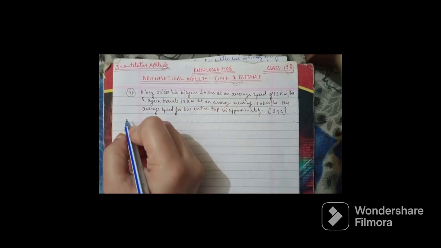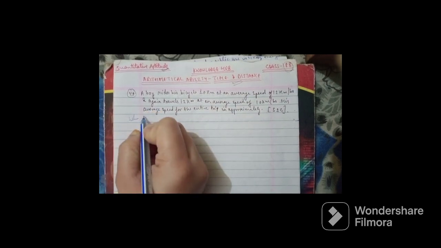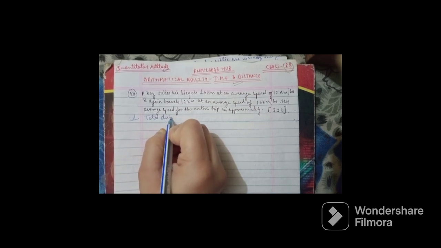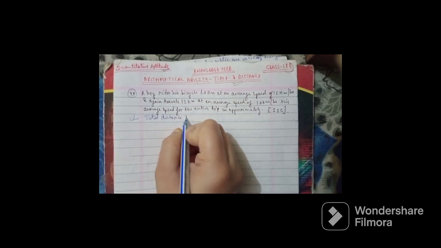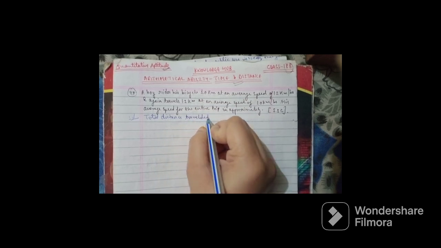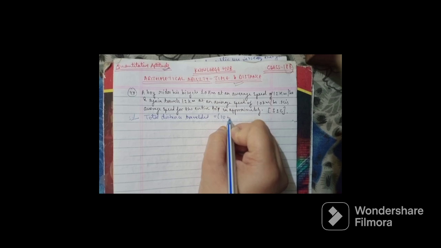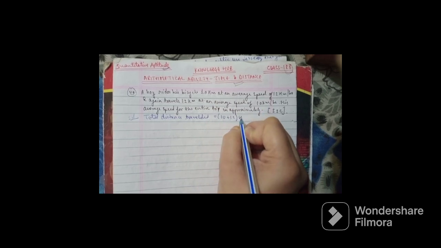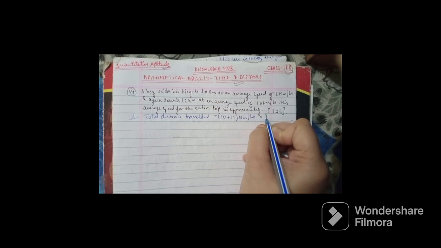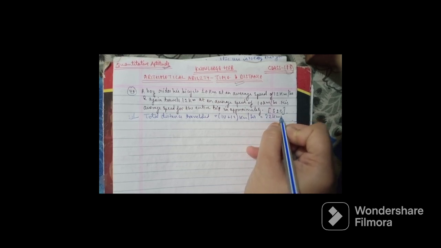Total distance traveled equals 10 plus 12, which is equal to 22 km.